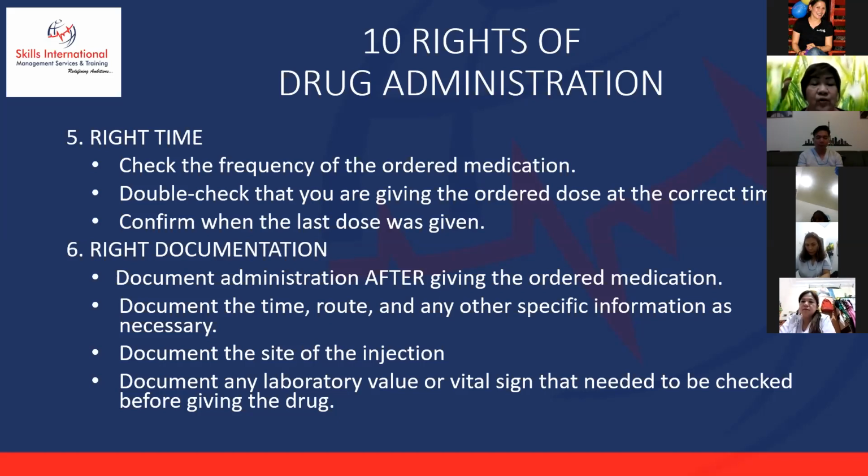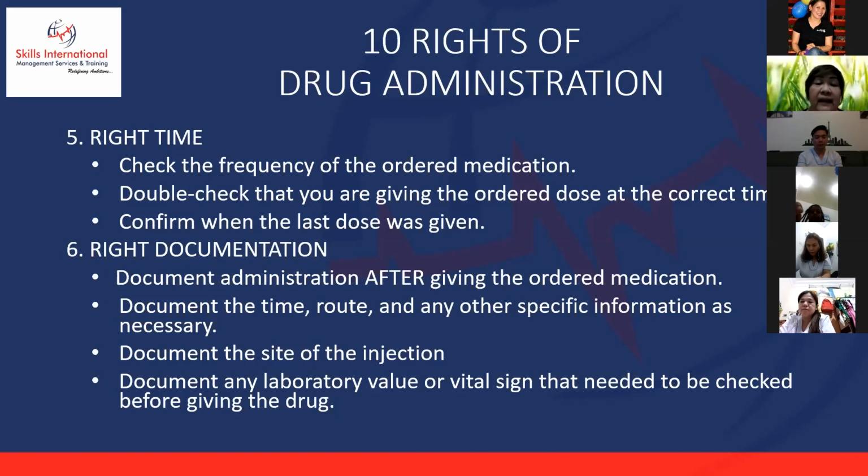So doctors order vital signs to be taken, like heart rate. Take the heart rate before giving the aspirin. So you have to record that heart rate 50, Panadol given or aspirin given. This is how you are going to document it.